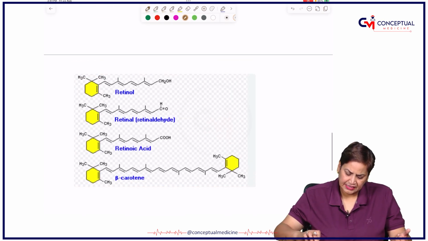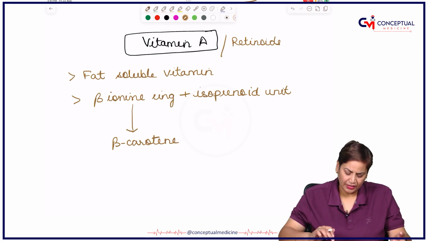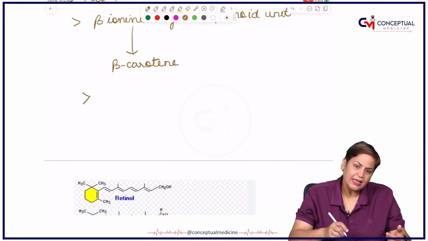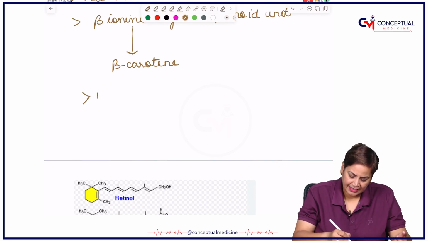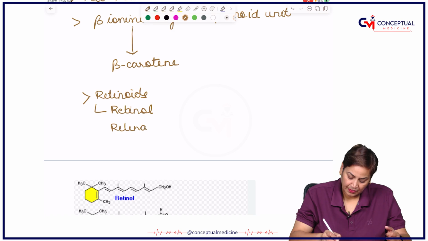Now, since I told you that the other name of vitamin A is retinoids, there are basically three forms of vitamin A. Commonly we call them retinoids. It's a class basically. So these retinoids will have retinol, retinal and retinoic acid.